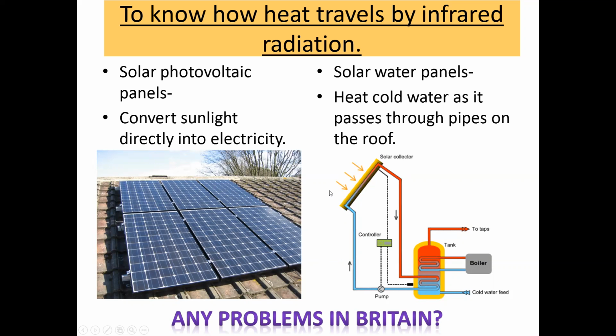With a lot of clouds, it doesn't work terribly well. You need direct sunlight. But in hot countries, many houses have a solar collector on the roof, because it collects the infrared radiation from the sun, and that is then used to heat up water, so you can collect hot water for free.